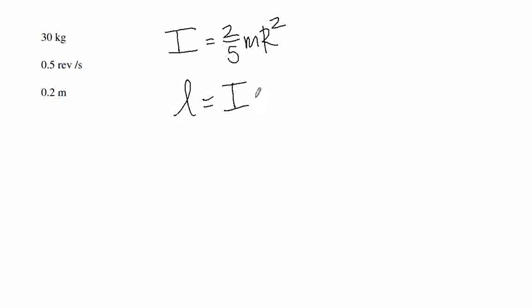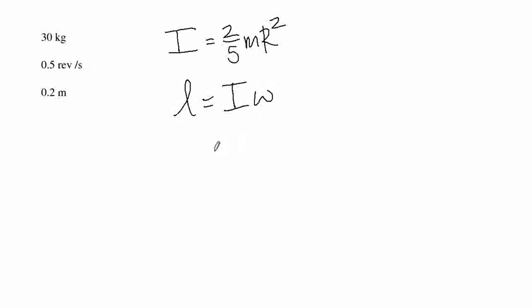So the bowling ball is a solid sphere, and so the formula for the moment of inertia of the bowling ball is 2/5 mr squared. The formula for the angular momentum, L, is I times the corresponding angular velocity.